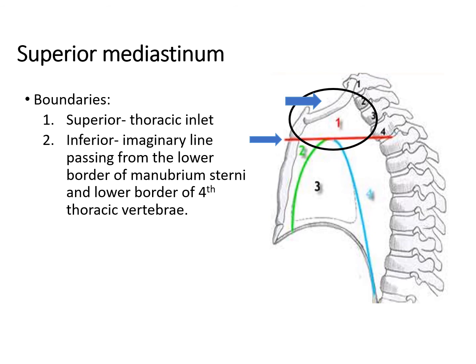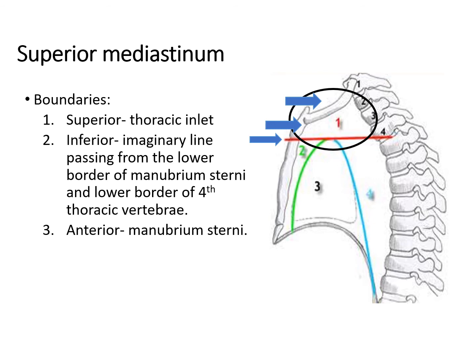That line goes at the back until it reaches the lower border of the 4th thoracic vertebra. That is the inferior boundary of the superior mediastinum.